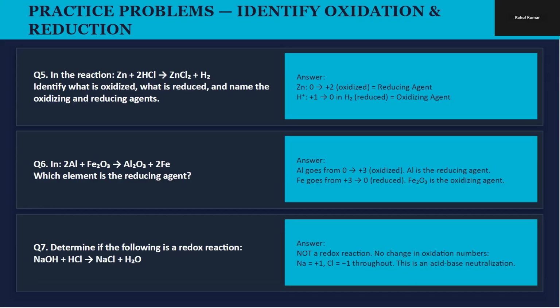So zinc is oxidized, so it is a reducing agent. Now similarly for HCl, hydrogen on the reactant side is +1 and it is going to 0. So it is accepting electrons, so it is getting reduced. So it's an oxidizing agent.